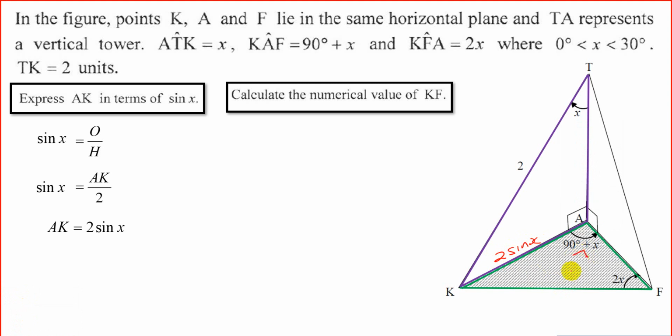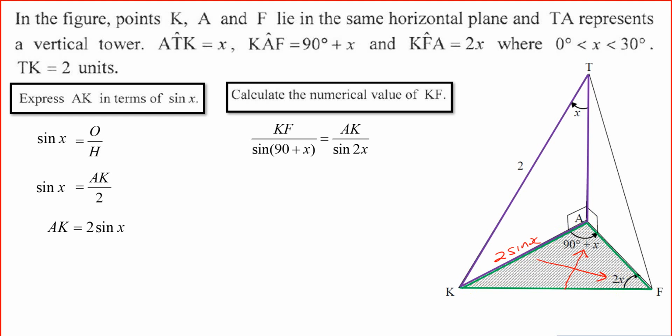KF over sine of 90 plus X will be equal to 2 sine X, because we have that side, over sine 2X. So we implement the sine rule: KF over sine of 90 plus X is equal to AK over sine 2X.